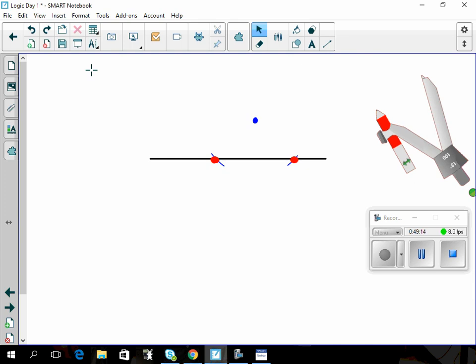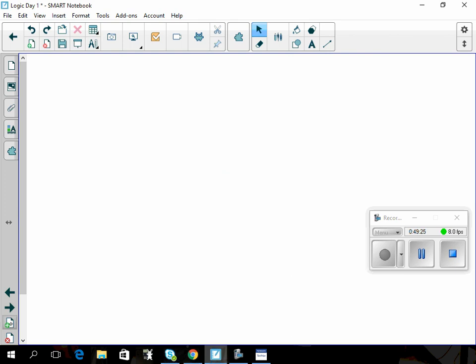When the point is on the line, I still have to do that. I have to create arcs on either side of that line first. Which means if I have my segment with a point on it, the perpendicular has to go through that point.